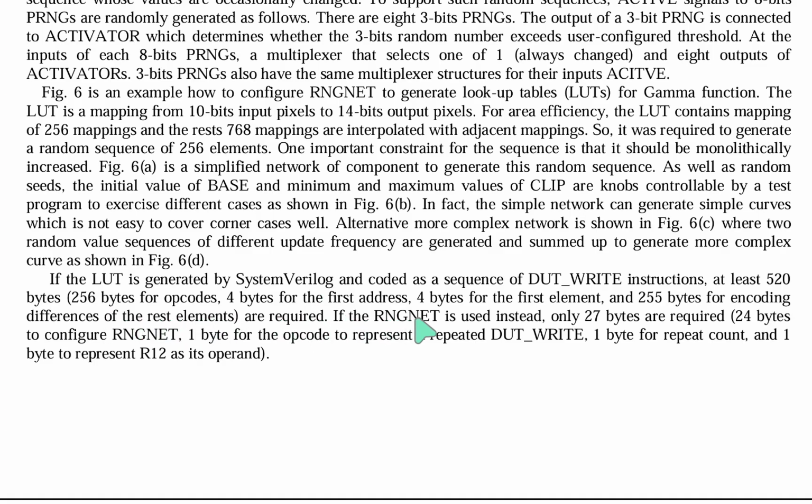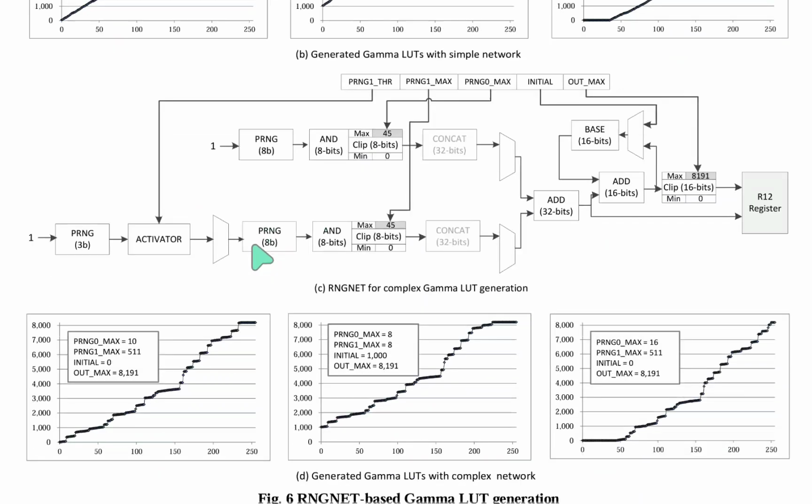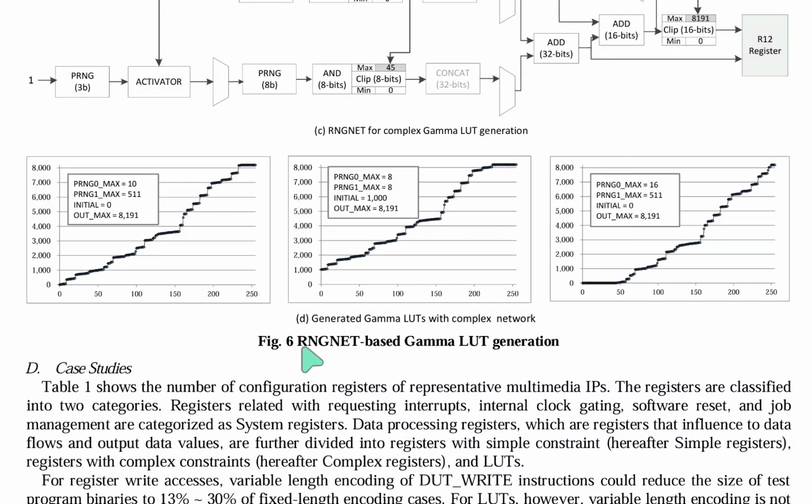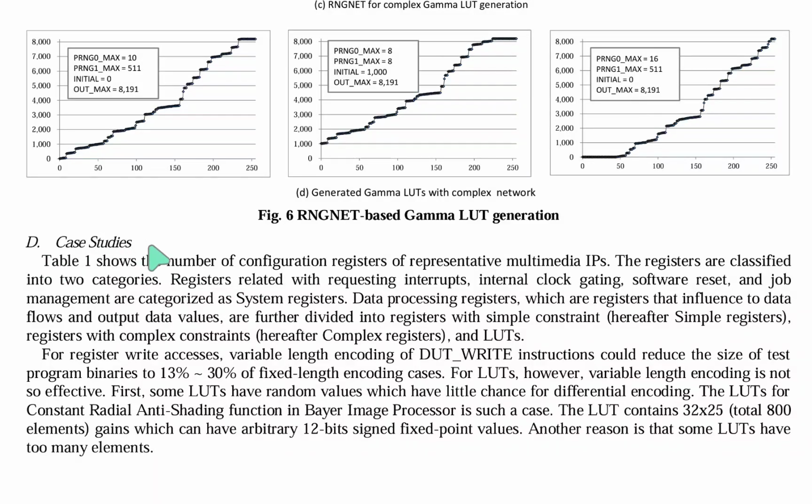If the RNGNet is used instead, only 27 bytes are required: 24 bytes to configure the RNGNet, 1 byte for the opcode to represent a repeated DUT_write, 1 byte for the repeat count, and 1 byte to represent R12 as its operand. This figure is figure 6, RNGNet-based gamma LUT generation, and D is case studies.